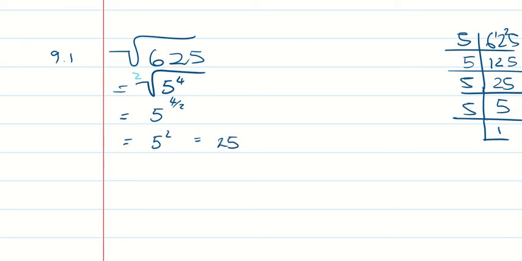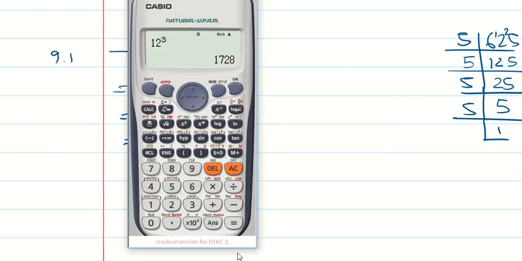Although they said without the use of a calculator, we're just going to check. If I type in my calculator 25 to the power of 2, I'm supposed to get 625.